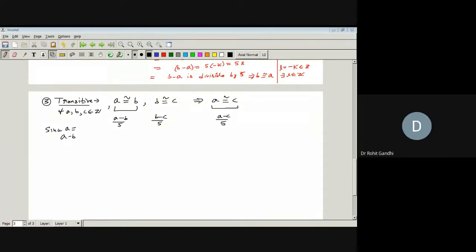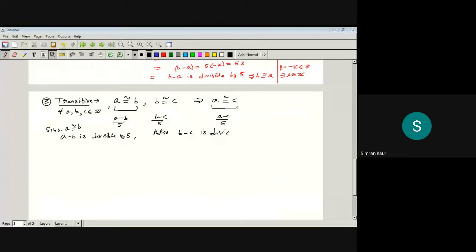Then B related to C is B minus C is divisible by 5.